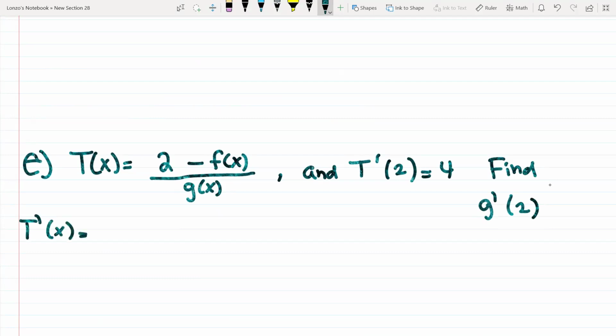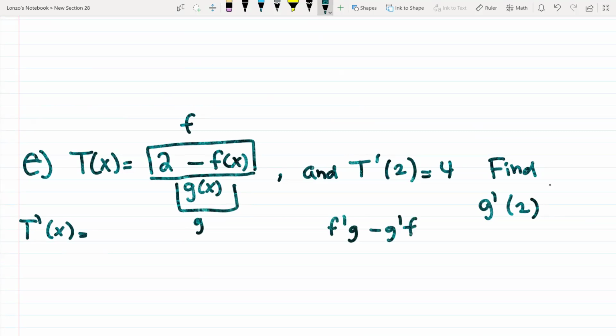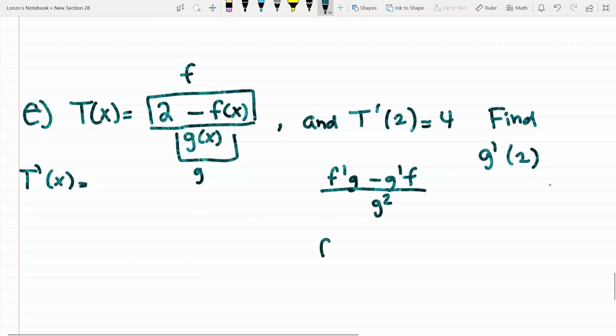How do we do that? We have a fraction, so we're going to use the quotient rule. The numerator is f, and the entire denominator is g, right? If you recall, quotient rule is f prime of g minus g prime of f, all over g squared. My f is 2 minus f of x, and my g is g of x.